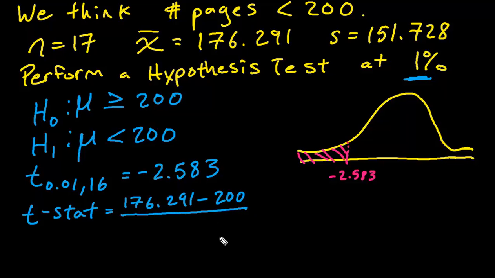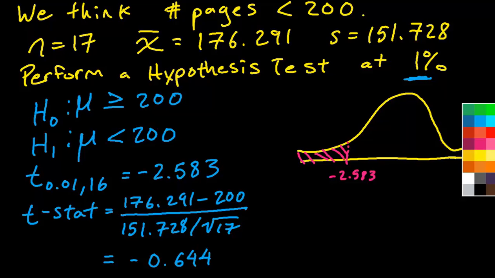Then we divide that by our standard deviation, 151.728, divided by the square root of our sample size, which is 17. Once we enter all of that into our calculators, we get negative 0.644.